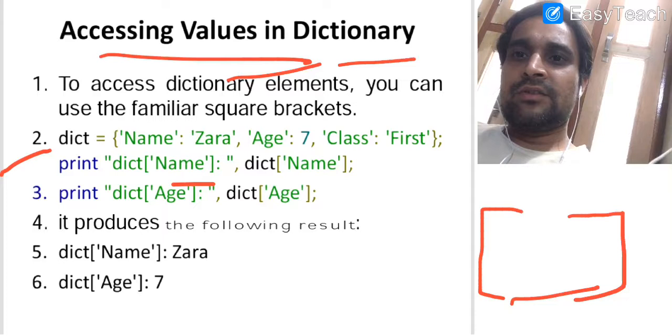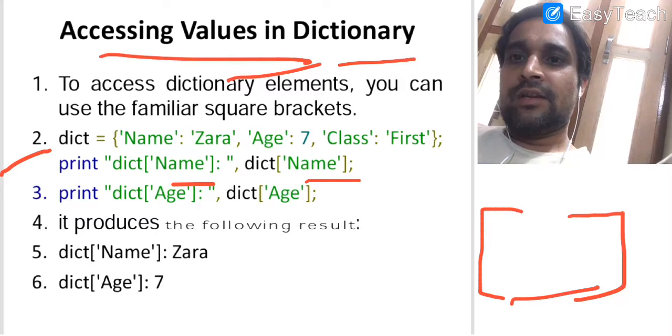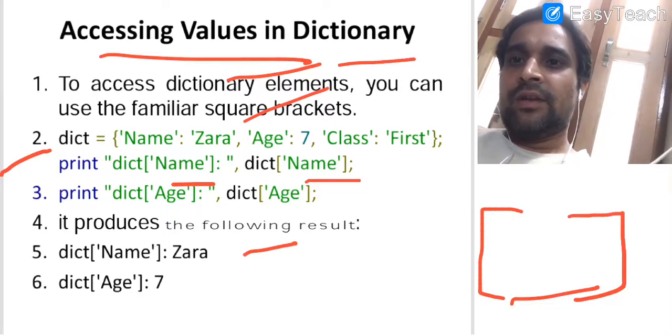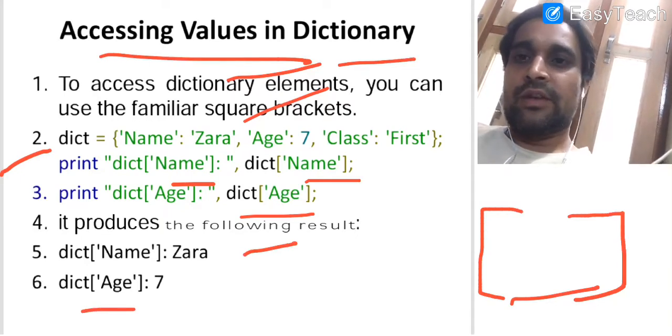In brackets we have passed name, or you can directly write DICT name. When you write this statement, then you will get the result as Zara, because Zara is the value corresponding to the name key available in the dictionary. If you write print DICT age, you want to print the age, then first part is a string, it is shown the same on the screen.